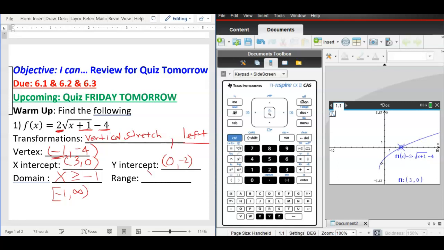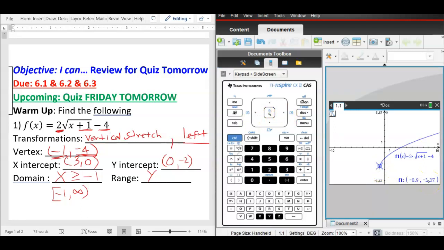Now the range is vertical y values, right? So I'm going to put the y. How far down does this go? What's the y value of that bottom point, that bottom vertex? -4 is correct. This point right here is at -4.